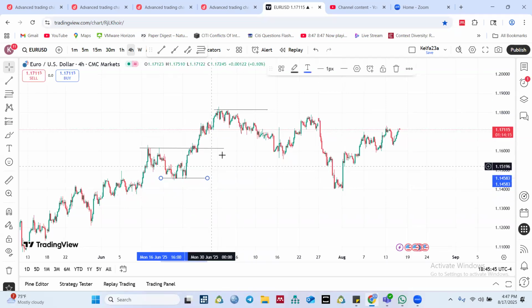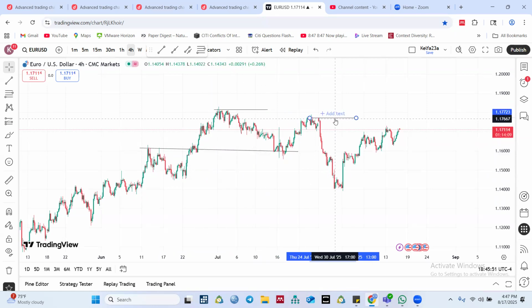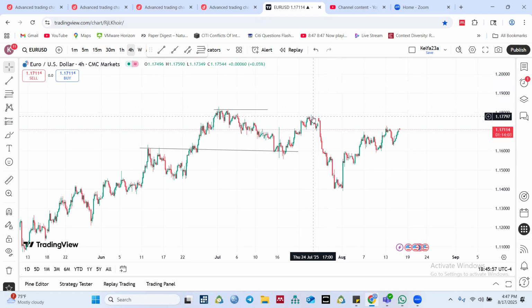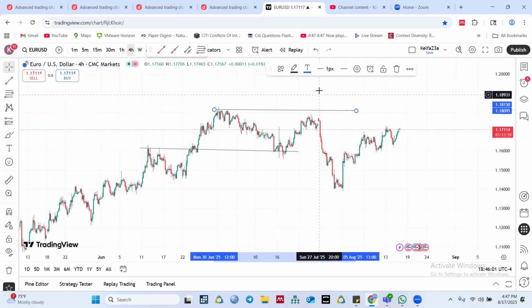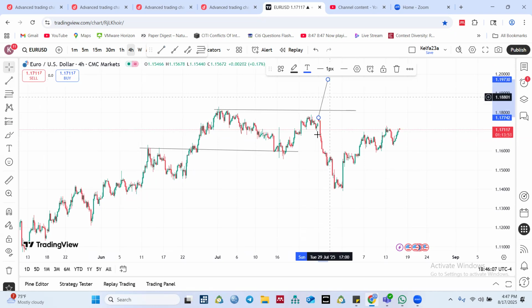Now, we got a pullback into this zone. And from the pullback, we failed to make a new high. Okay. Now, after failing to make a new high, see, this did not take the high out. We are expected in a bullish market to be breaking structure and making new highs. But this time, when price pulled back, we did not get a new high.